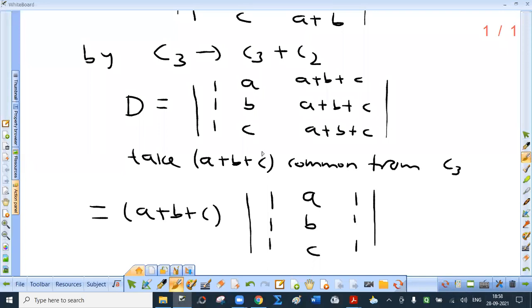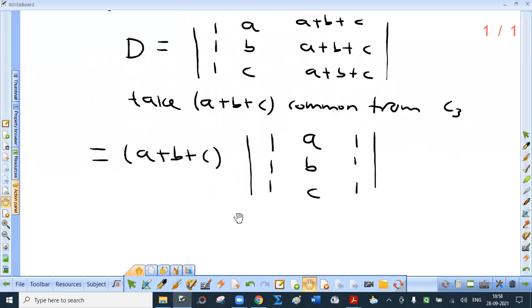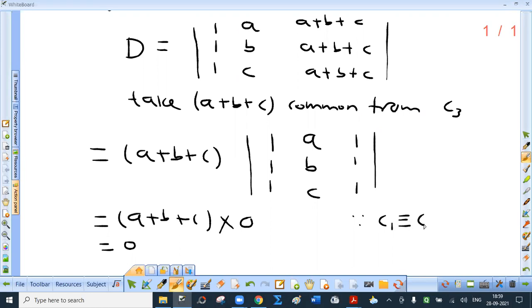Now, I hope you understand this. Common means what? You have to divide. So 1, 1, 1. Now, after this, I will say two columns are identical. So directly A plus B plus C into 0 equal to 0. Reason C1 equivalent to C3. As two columns are identical, value of the determinant is nothing but 0. Right.